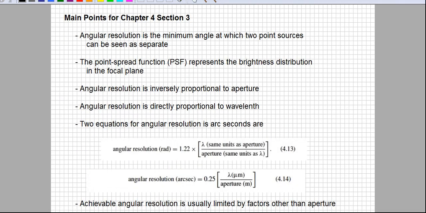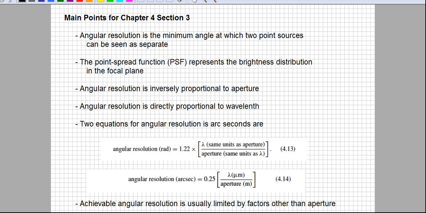Okay, summarizing the main points for this section. Angular resolution is defined as the minimum angle that 2 point sources can be separated by for you to be able to see them as separate. And the description of the brightness of light over the focal plane is called the point spread function. Remember that angular resolution has 2 proportionalities.